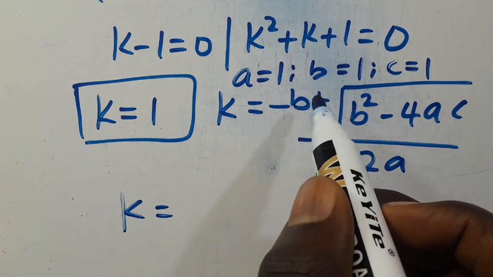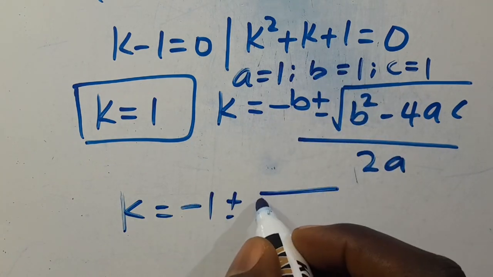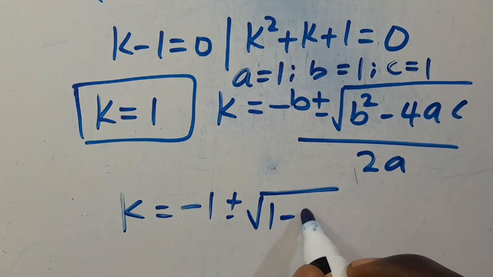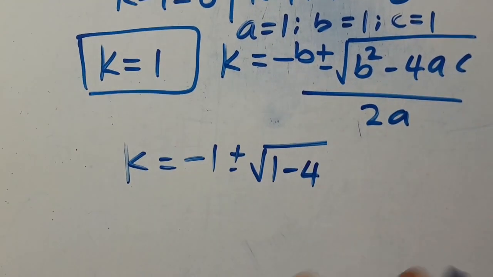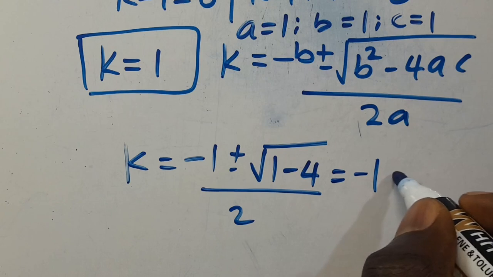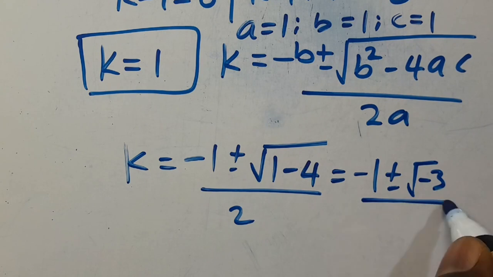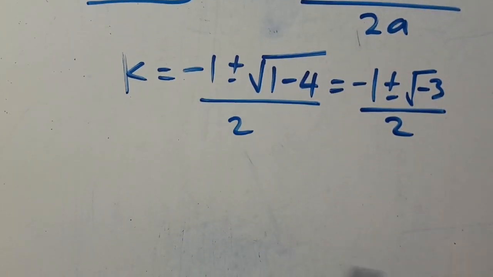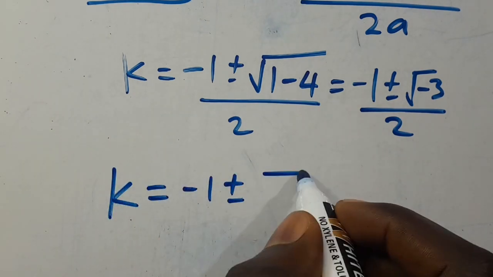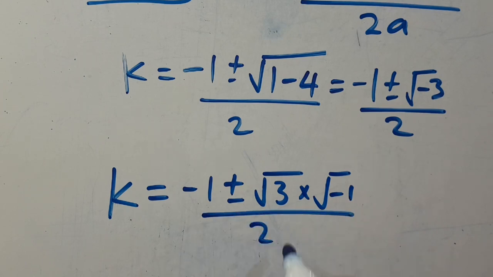So when you put everything here, we are going to have our k equals, here b equals 1 is minus 1, positive or negative, 1 squared will be 1 minus 4 times a is 1, c is also 1, so here will be 4, then divided by 2. So this will give you minus 1, positive or negative, root of 1 minus 4 will be minus 3 divided by 2. Then we have k equals minus 1, positive or negative, root of 3, again multiplied by root of minus 1, all divided by 2.